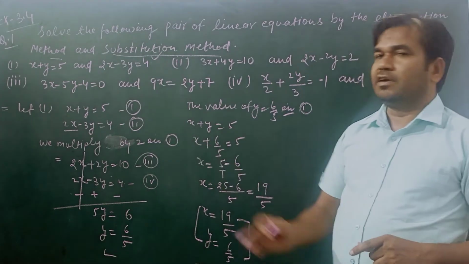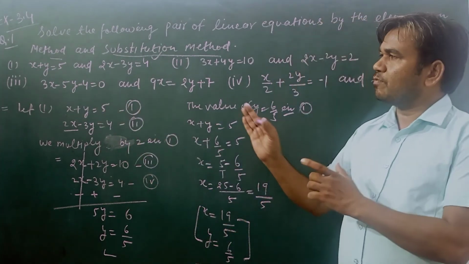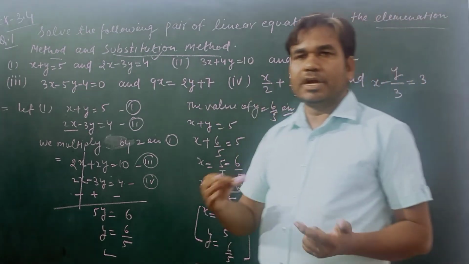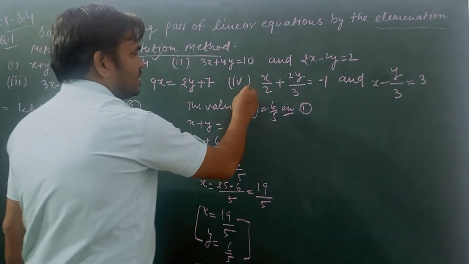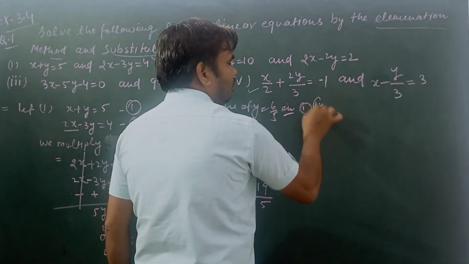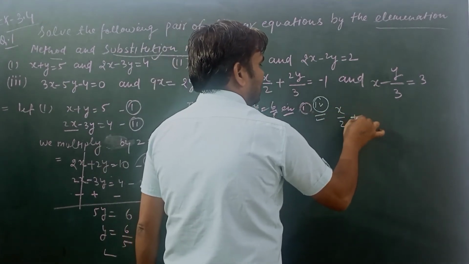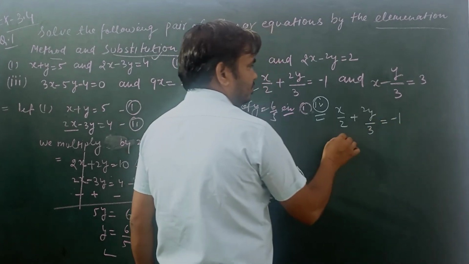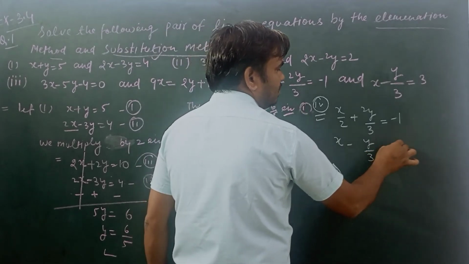So this is part first of question number 1. Now there are other parts: second, third and fourth. You can take any part. Let me take the fourth part: x over 2 plus 2y over 3 equal to minus 1, and x minus y over 3 equal to 3.